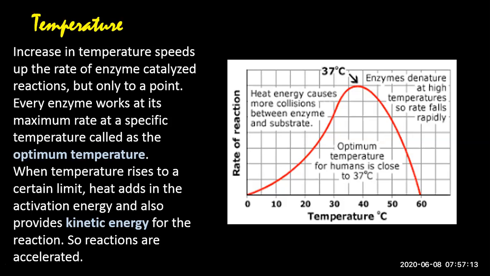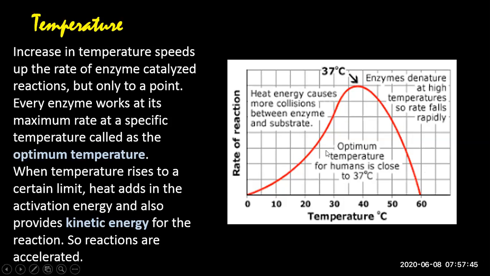What is the function of an enzyme? To speed up the reaction. But when the structure of the enzyme is lost, it cannot speed up the reaction. So the rate of the reaction will decrease immediately as soon as the structure of the enzyme is lost. See, the rate of enzyme catalyzed reaction is decreasing as soon as the enzyme is denatured.